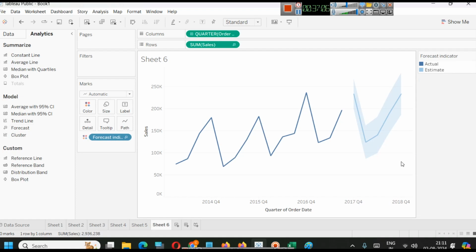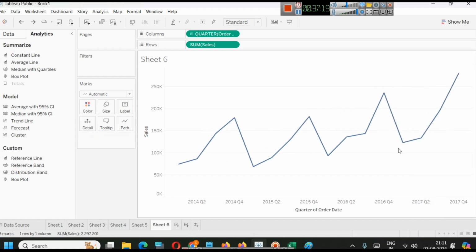We will learn more about forecast later, because there will be a separate lesson on forecast. But I'm telling you why creating a graph like this is important, because it helps in forecasting and trend analysis.